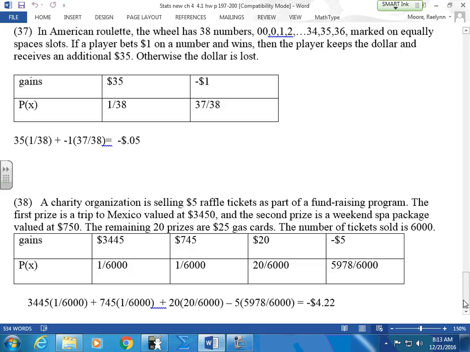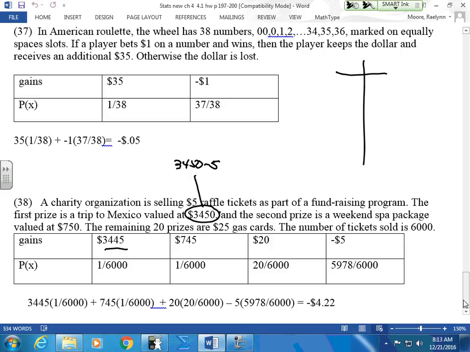All right, so again, we look for where your gains and losses are. Since you spent $5 already, this is not what you made, not what you won. You won this minus the $5 you put in. So you get $34.45. Make a chart like this. Whether you make it this way or this way, that's fine.